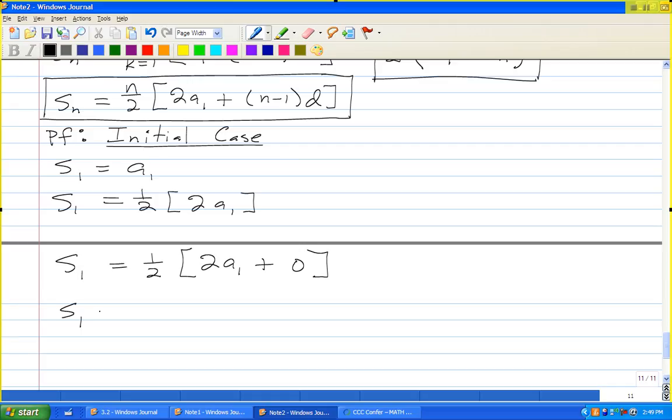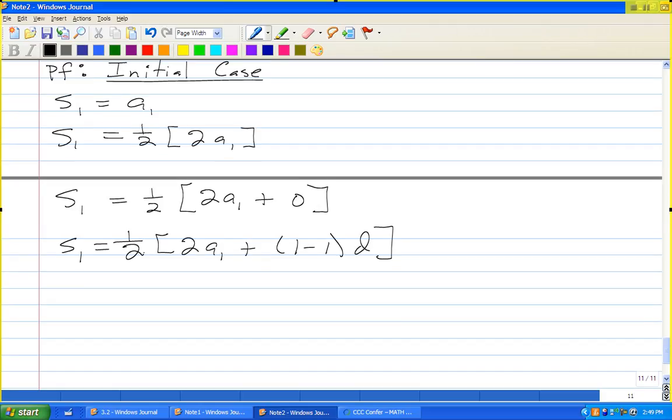So this is equal to 1/2 times (2a1 plus (1 minus 1) times d). Since 1 minus 1 is 0, 0 times d is just 0. But if I look here, this is just the same as replacing n by 1. So I have S sub 1 equals 1/2 times (2a1 plus (1 minus 1)d). So therefore, the initial case holds.